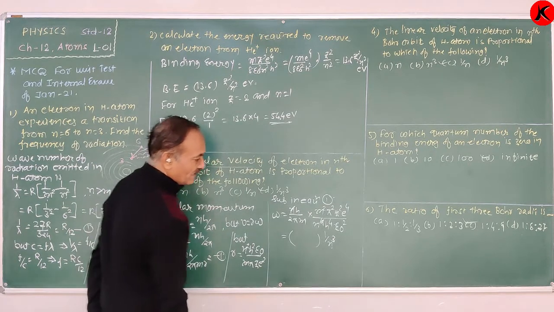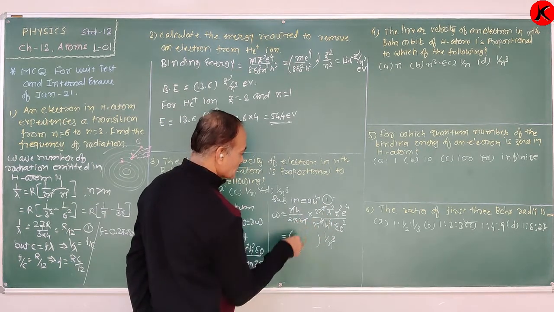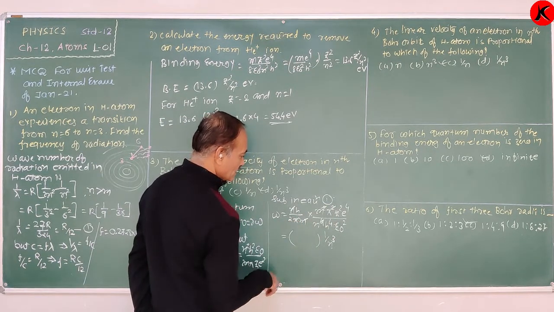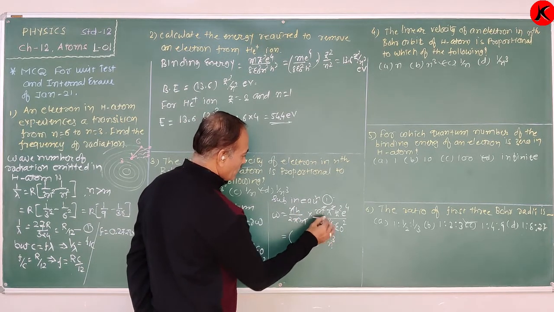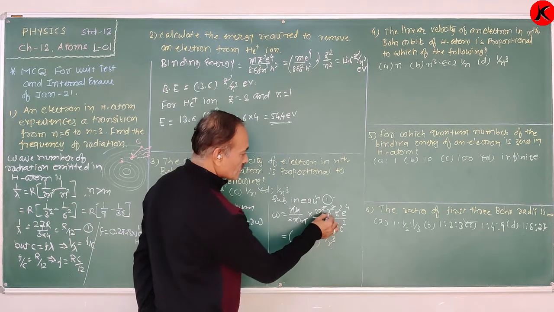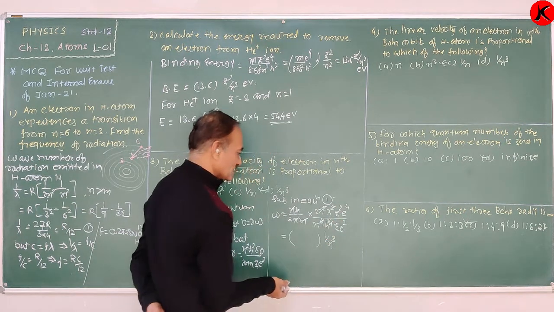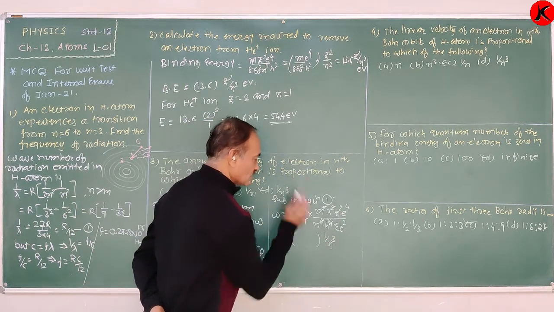Now listen, what is remaining? One n cancels, pi cancels. Right? Therefore, remaining is h, one h cancels, therefore h cube here. So remaining is pi z square. For hydrogen atom z is equal to 1.